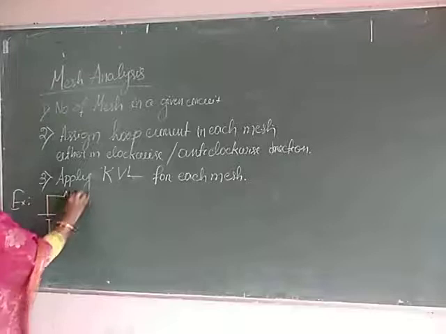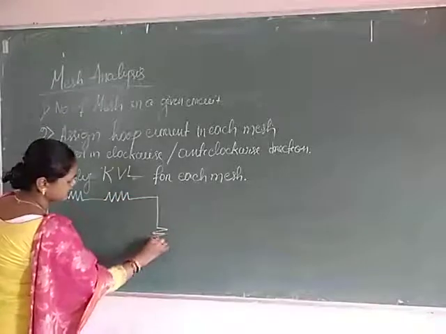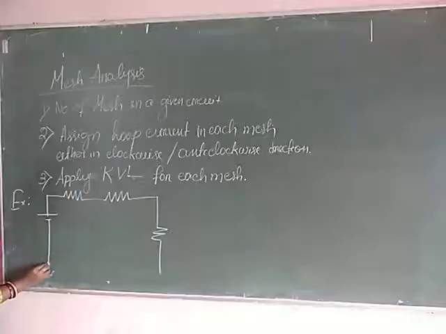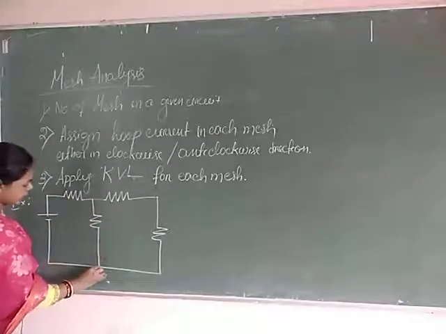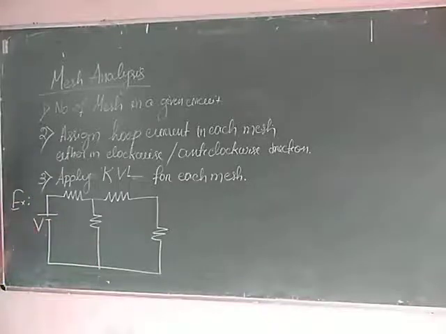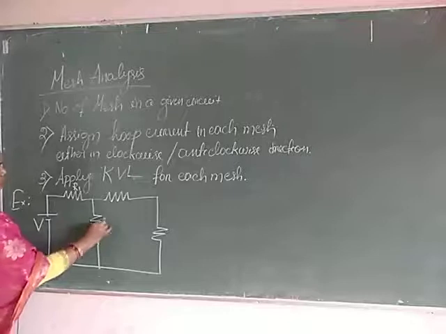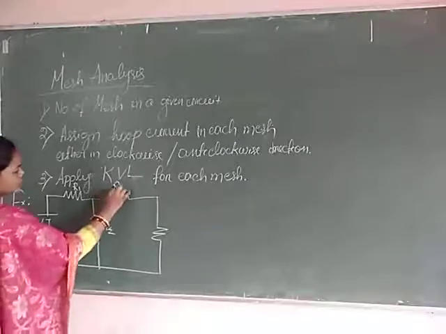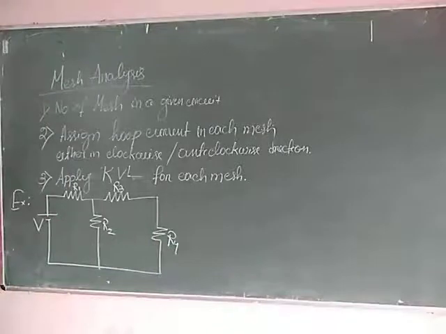I take one simple example, having a single voltage source V, and the resistances R1, R2, R3 and R4. In this circuit, the question is to find the mesh equation.